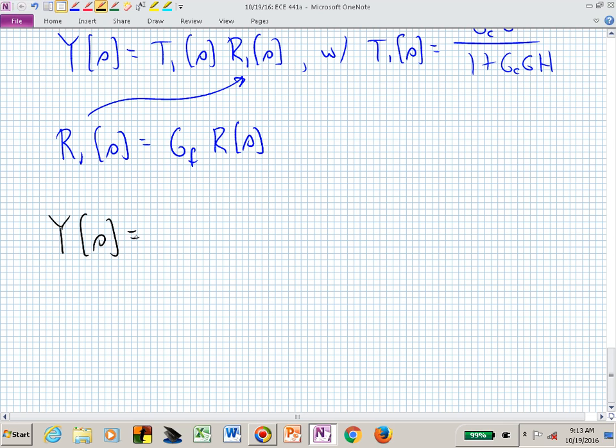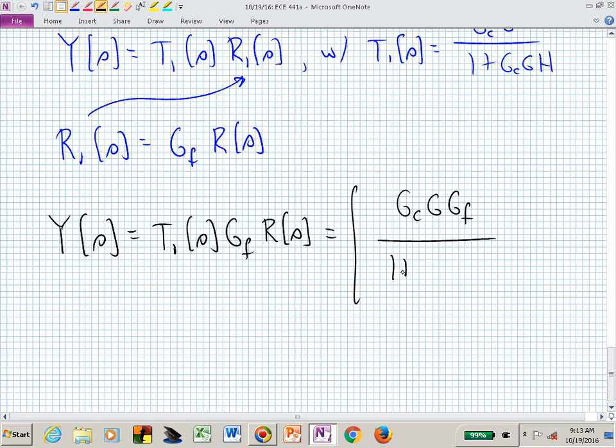Y of S is now T sub 1 of S G sub F R of S. Or we now have G sub C G G sub F over 1 plus G sub C G H, all times R of S, and this now we might call our transfer function T of S.